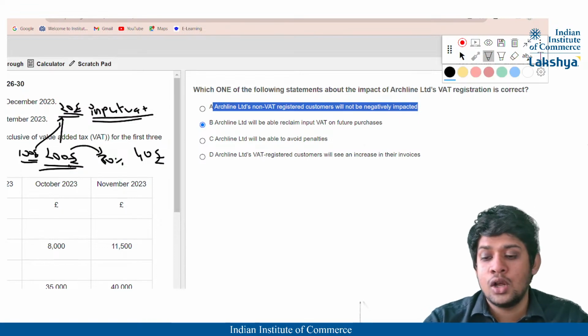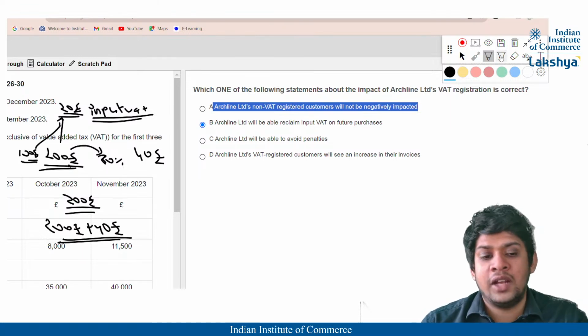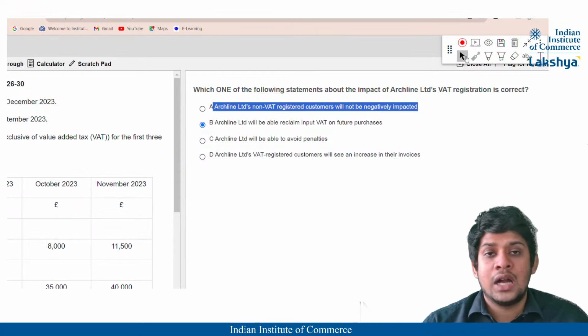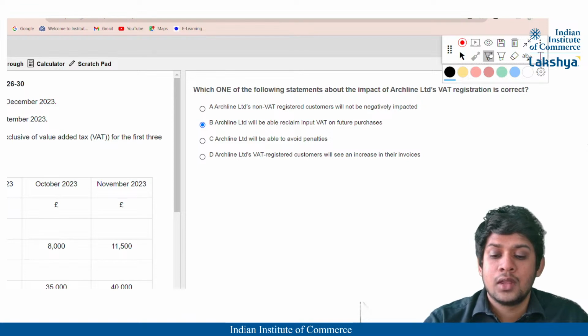Before, I was not registered, so I was selling the goods at 200 pounds and the customers had to pay me 200 pounds. But since now I'm VAT registered, it will be 200 pounds plus 40 pounds that the customer has to pay. So that means they will be negatively impacted by this, until and unless I reduce my sales price. Okay. So option B is going to be the correct option, and yes, they will be negatively impacted.